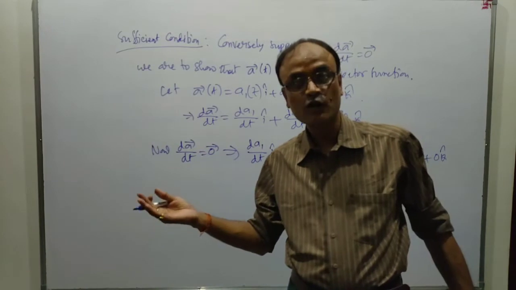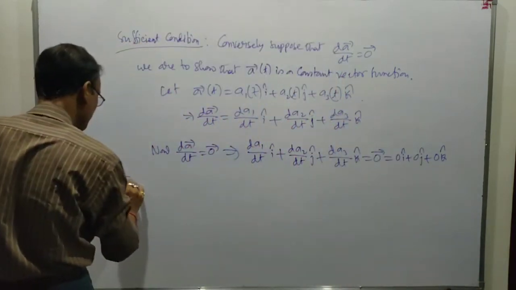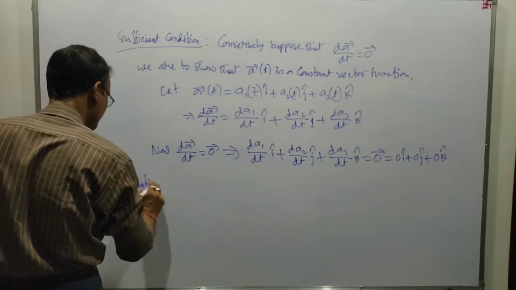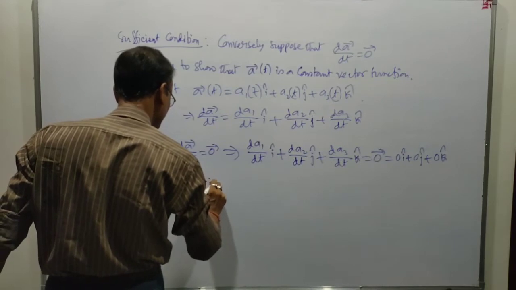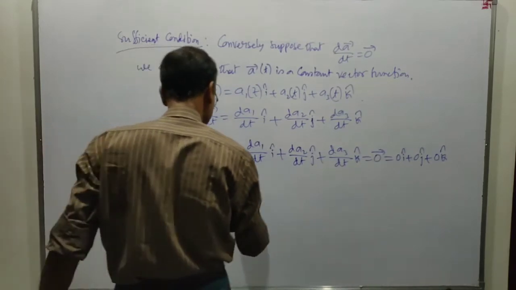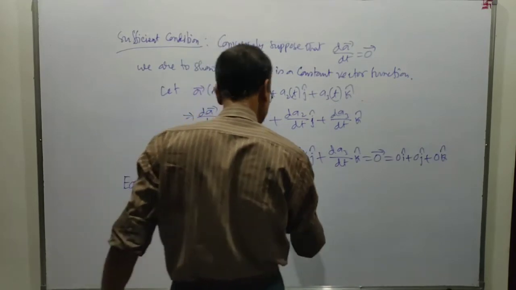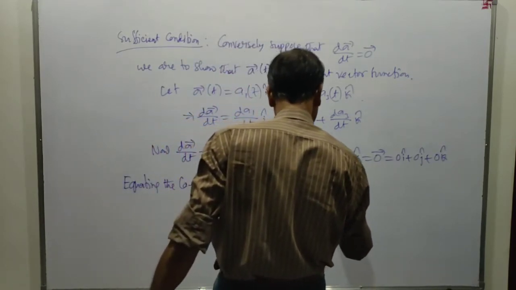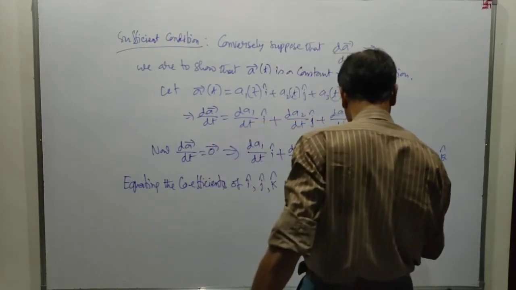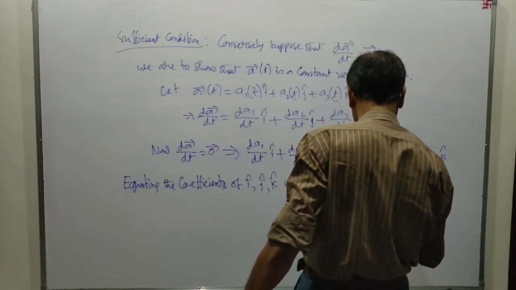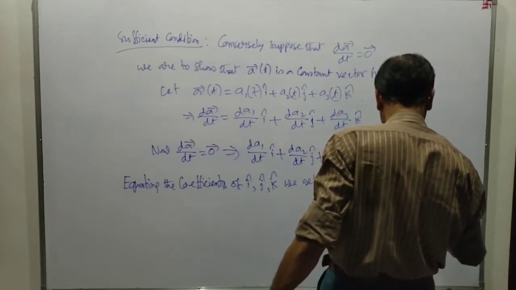Now, equating the coefficients of i cap, j cap, k cap, we get dA1 by dt equals 0, dA2 by dt equals 0, dA3 by dt equals 0.